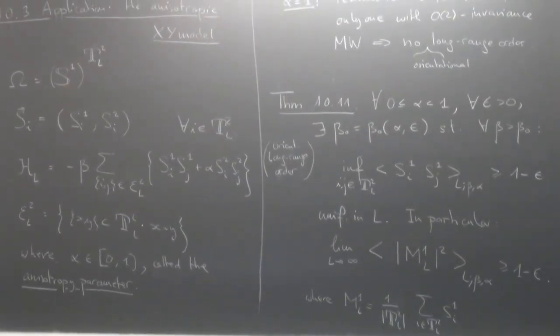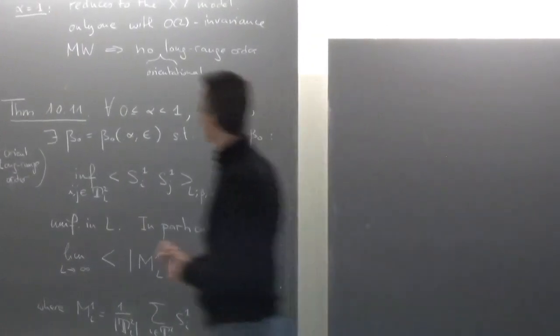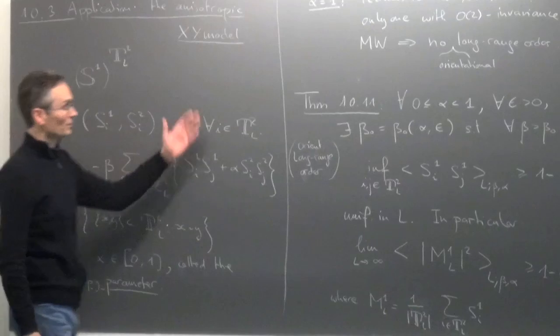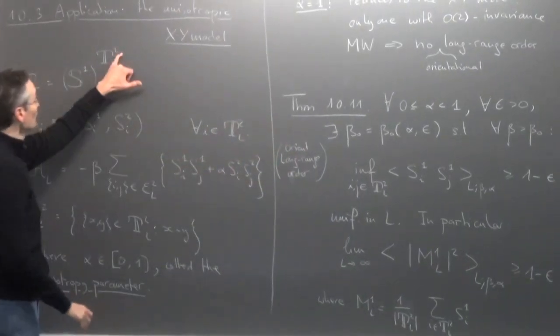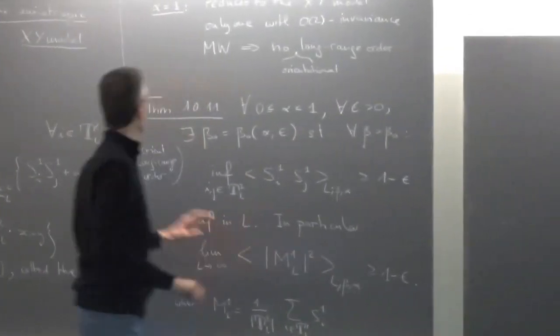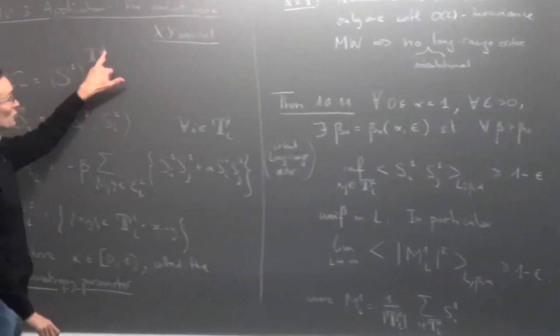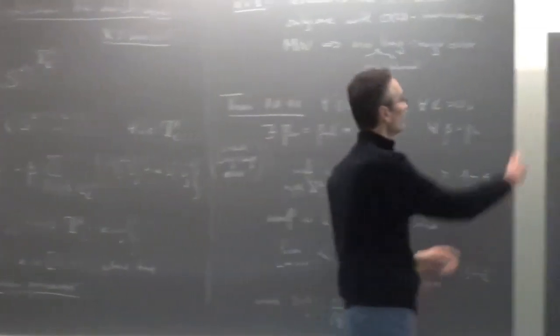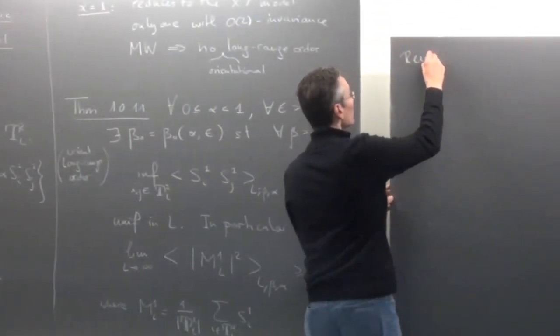So let me start with a few remarks. First remark is that the result that I'm stating here in dimension 2 and for the XY model extends immediately. The proof is identical for any dimension which is larger or equal to 2. So it works also in higher dimensions. So maybe I will just write remarks.